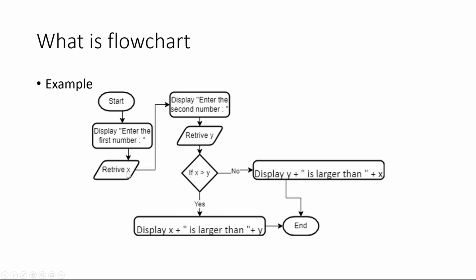Then in here we retrieve the x. Then we display the second number. Retrieve y. If x is greater than y, yes, display "x is larger than y". And if this one was no, then display "y is greater than x". And as you can see, it is very, very simple. And remember that this is the very first step to writing code.